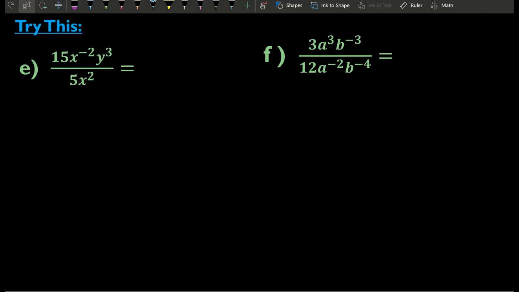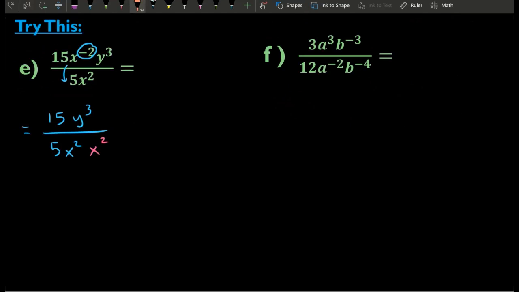Alright, I hope that you learned from the previous example. So x to the negative 2, all we need to do is bring it down. So I'm going to rewrite this as 15 y to the 3rd power, 5x to the 2nd power, and thus x to the negative 2 goes down as x to the 2nd power.